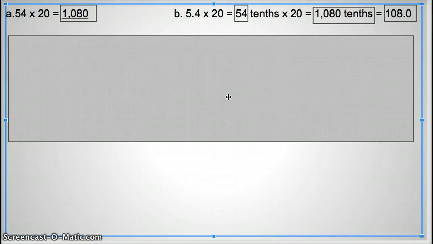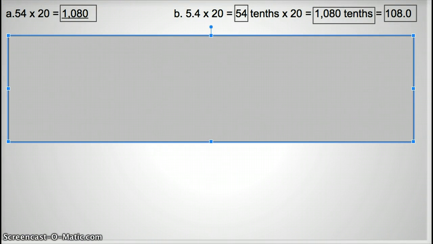Well, now you have to be able to put in words why this one is 108 and this one's 1080. Why is that? Well, first you notice that both sides have the exact same digits as their answer? They're just in different places. So this is how you would explain that.